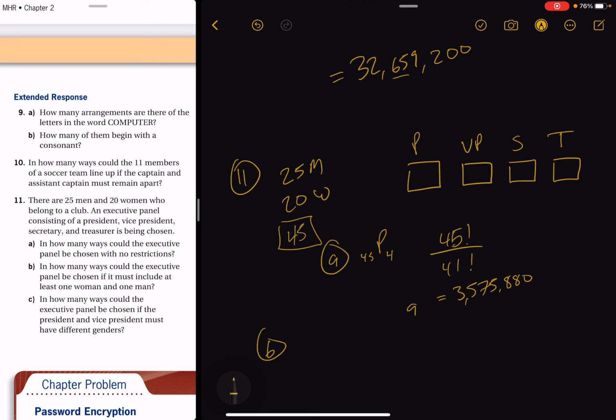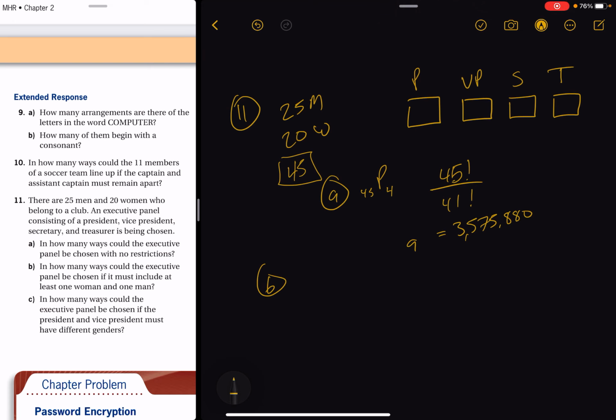What about B? B says, in how many ways could an executive panel be chosen if it must include at least one woman and one man? Okay, so yikes, I forgot how to do this. So let's think about this for a second.